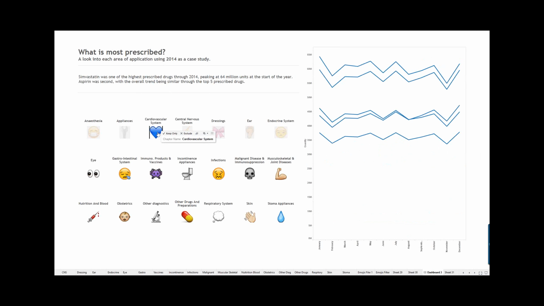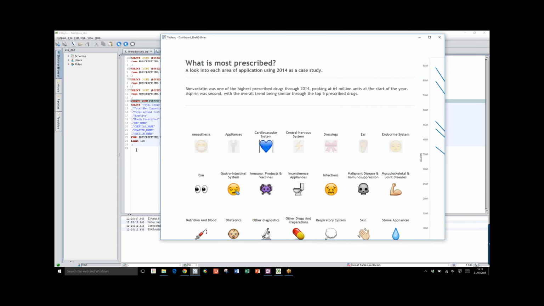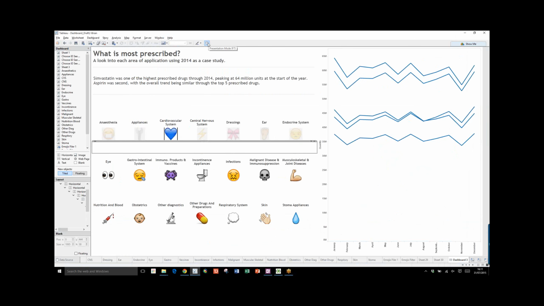Once I did the dashboard action as a filter, I could then add that as context, so it would go first before me being able to drill down by the chapter area. And yeah, any questions?